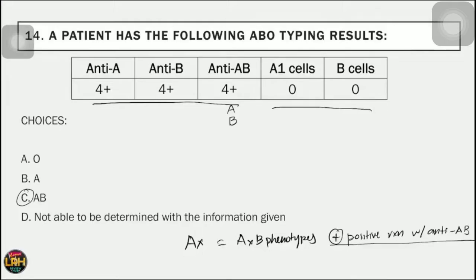But this reaction shows weak agglutination. Unlike this, it shows a strong positivity with anti-AB and anti-A and anti-B.